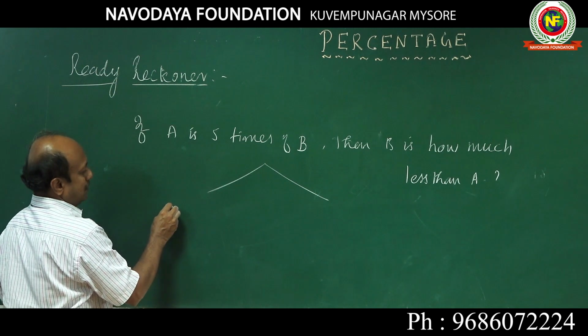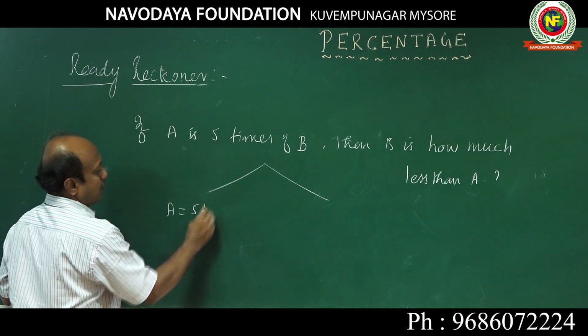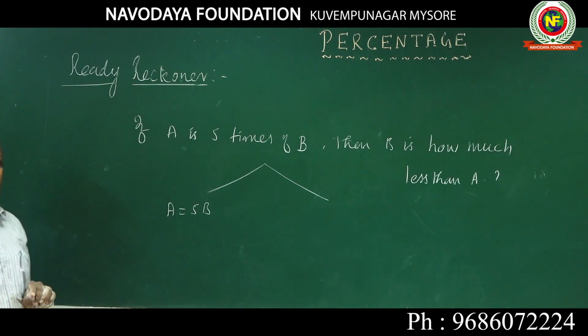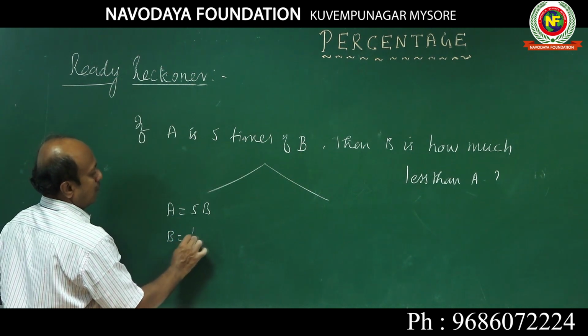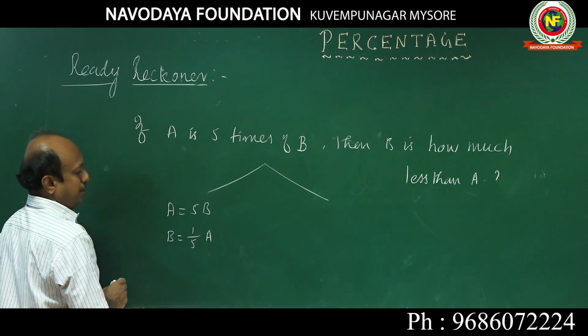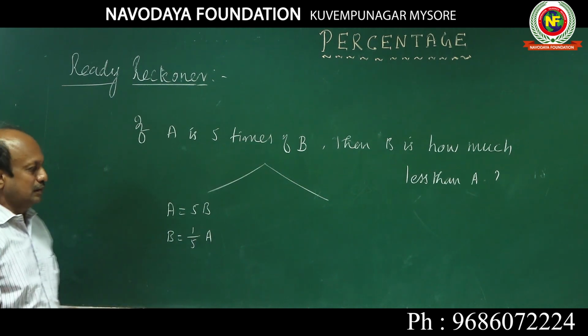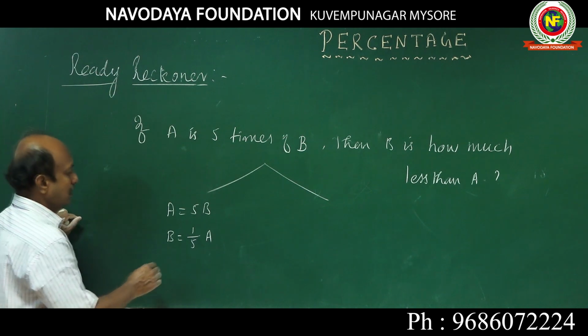In the traditional method, you used to write A is 5B, or B is equal to 1 by 5 of A. Then we will calculate the problem, then we will come to this, right?